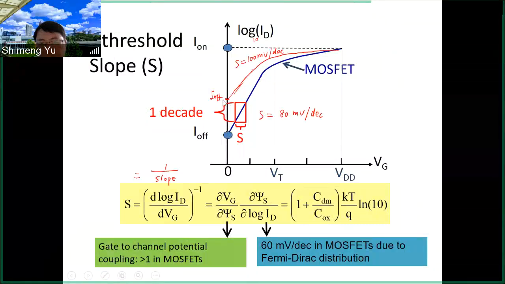That means this is exponentially larger. So the S factor will determine the off current, and you prefer a smaller S factor, a steeper slope. That is a better technology.